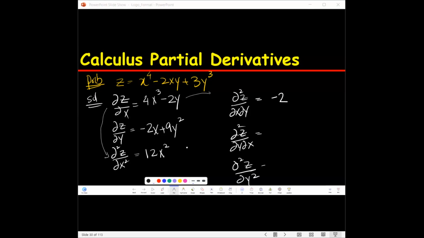I take dy, which is this one, and take the second order with respect to x, and it's going to be minus 2. That's it. The rest will become 0. Same thing here. I take it with respect to y, which is this one, and take the second order. So it's going to be 0 plus 18y.